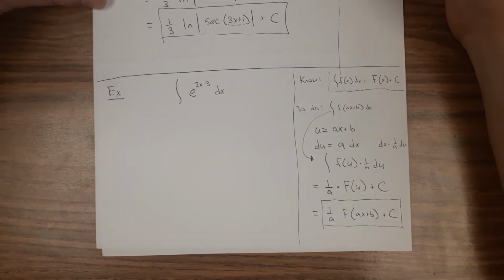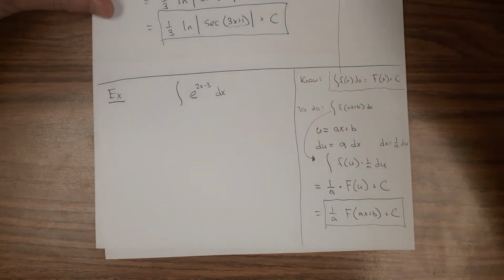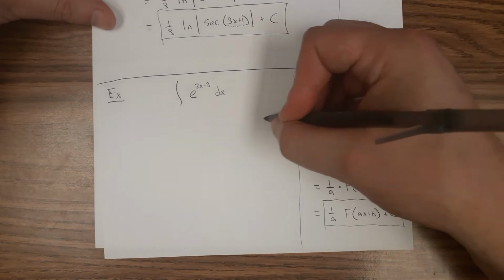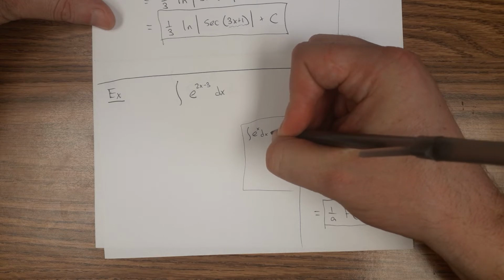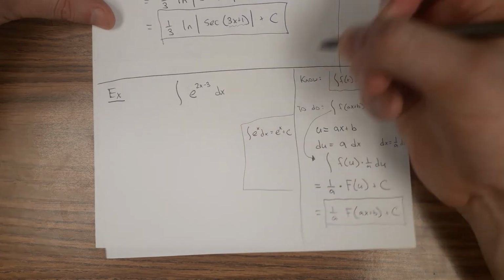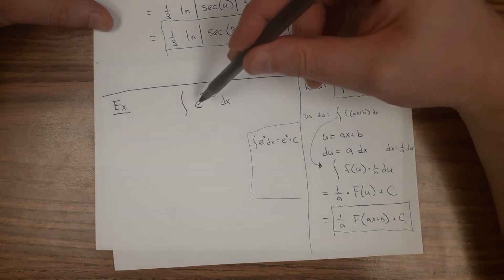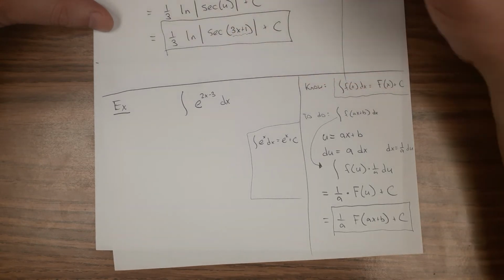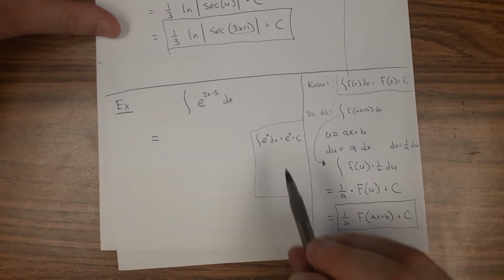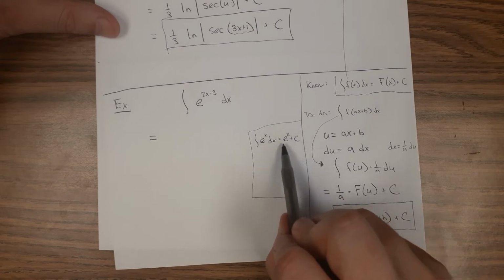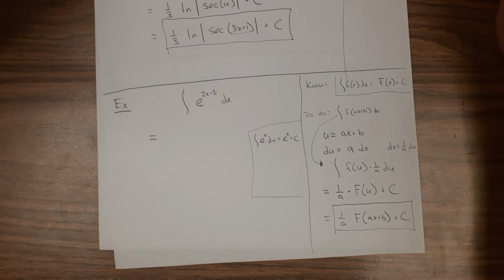What I notice about the next one, I see e to some power. And I know there's something on my list: the antiderivative of e to the x dx is e to the x plus c. But I'm not doing the antiderivative of e to the x. I'm doing the antiderivative of e to the 2x minus 3. So what's this going to look like? Of course we're doing e to the x, so the antiderivative is the same as the original function.